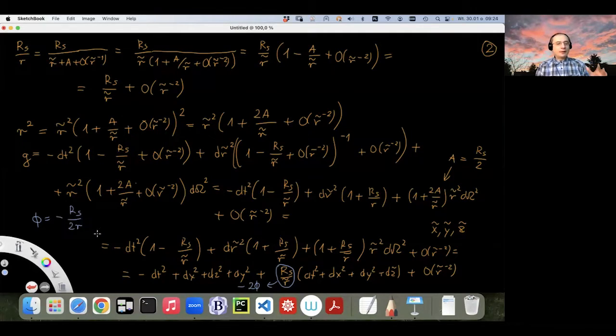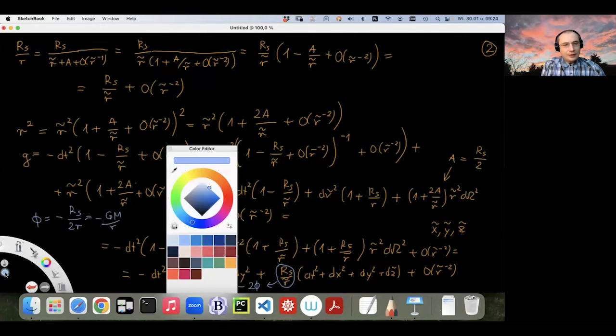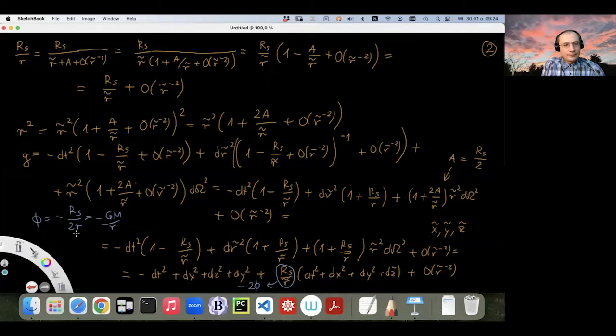But look, this was exactly like the Newtonian potential from a single body of a particular mass, namely minus GM over r, provided that we identify the coefficients. So this is the Newtonian potential from a single body of the mass m very far away from this body.